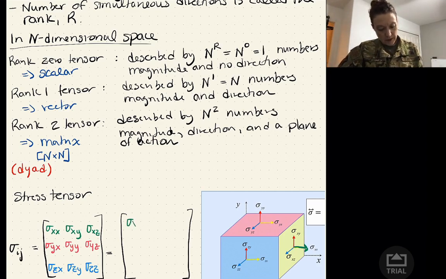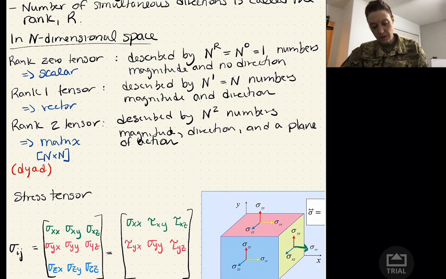So sigma xx we will keep, but then the next ones are tau xy, tau xz. The next face: tau yx, sigma yy, tau yz. And finally, on the blue z face, I have tau zx, tau zy, sigma zz.